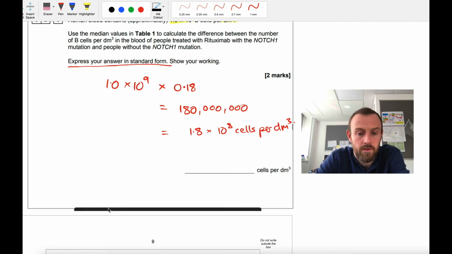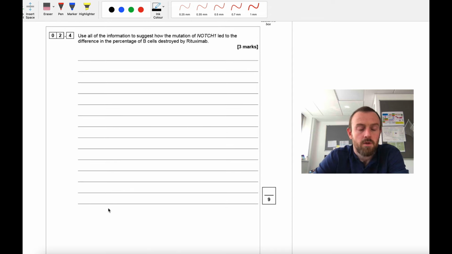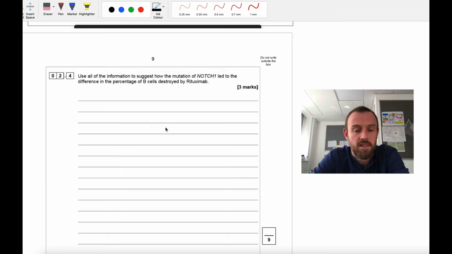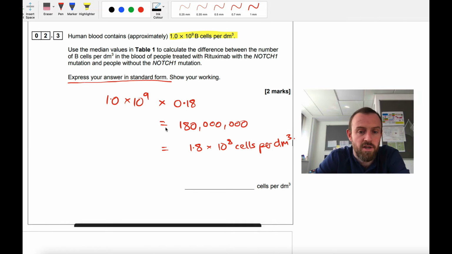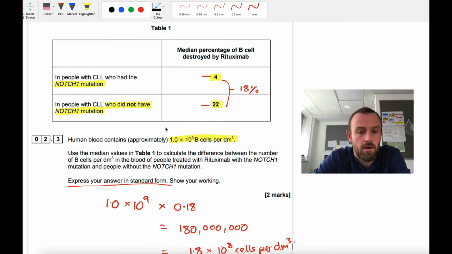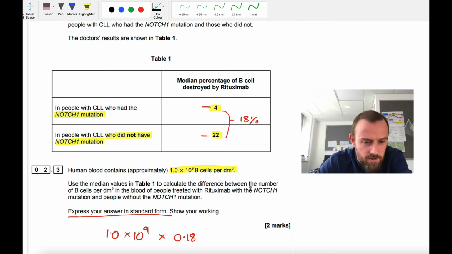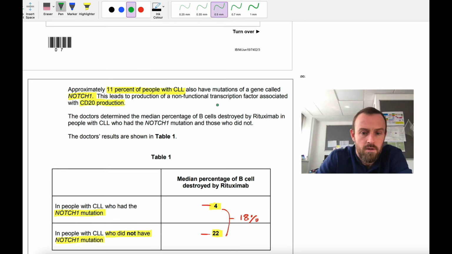Okay. Use all of the information, so that's all the graphs, to suggest how the mutation of Notch1 led to the difference in the percentage of B cells destroyed by rituximab. So this is where we need to link information in different places. What do we know? We know that Notch1 is a transcription factor. Non-functional transcription factor.